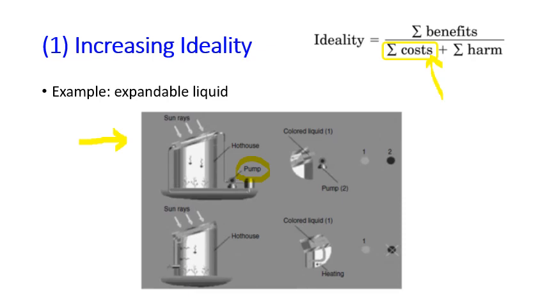However, to reduce the cost, what is suggested here is that we use an expandable liquid on the roof of the greenhouse. When the weather is hot, the liquid will expand and automatically trickle down into the greenhouse. It eliminates the cost from using the pump.